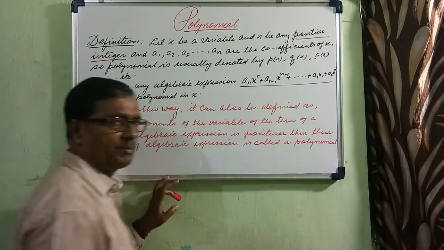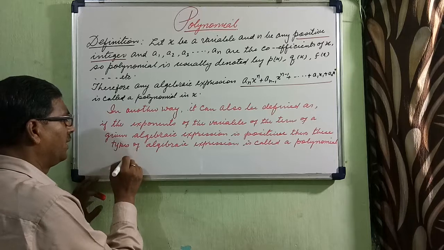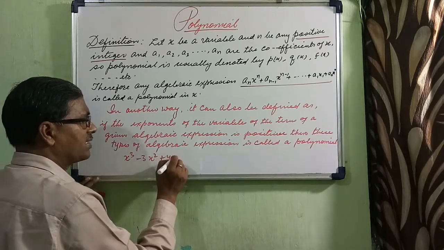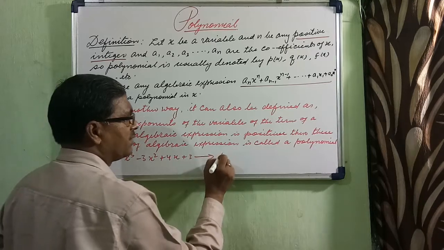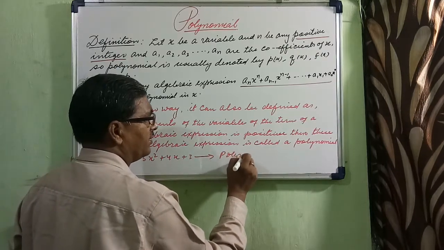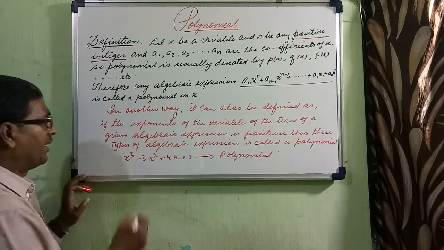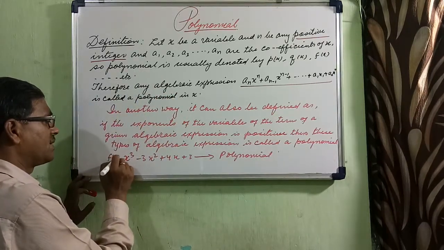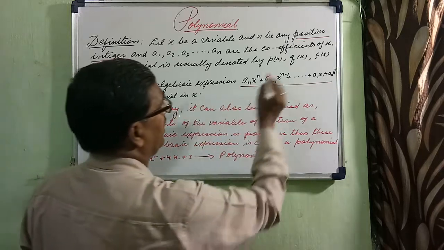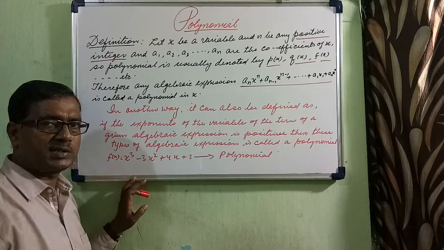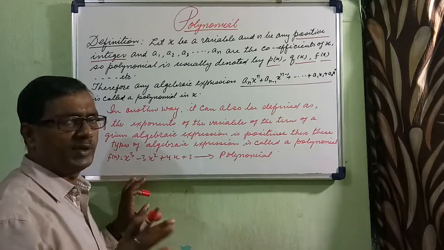I can give some examples also, like x cube minus 3x square plus 4x plus 3. It is a polynomial very clearly. Suppose this is your f(x). As I said, polynomials are denoted by p(x), f(x), g(x), l(x), r(x), whatever it is.